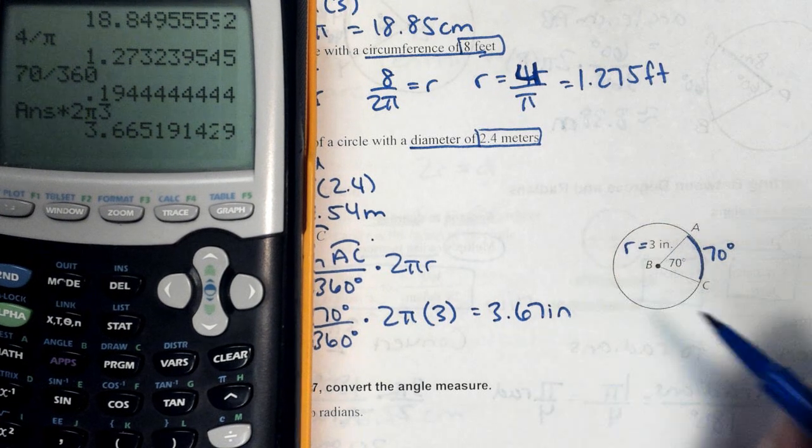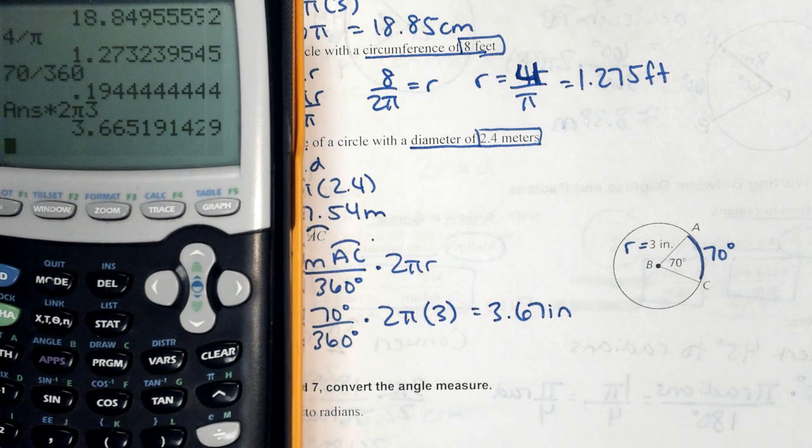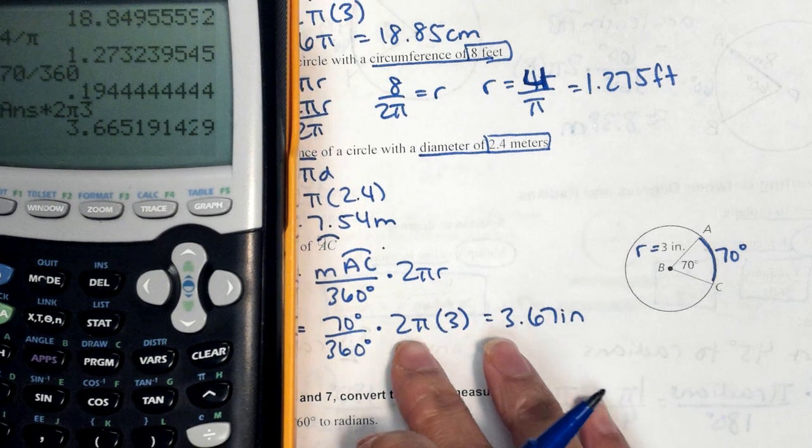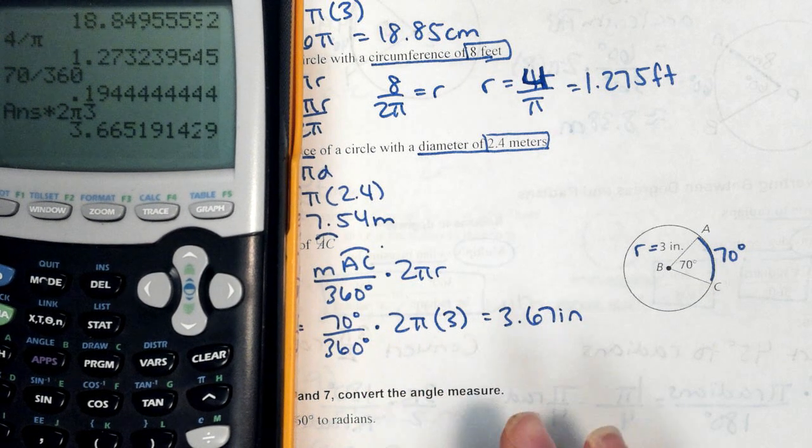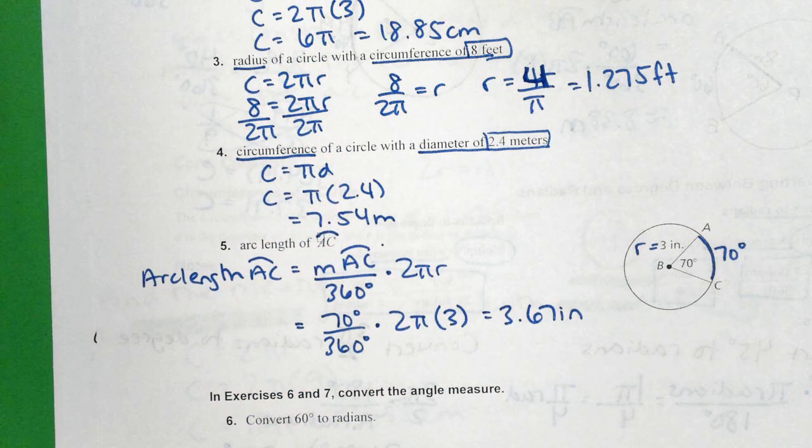And this is in inches. And you can always do this separately. You can take 6 pi times this and multiply across, then divide by 360 at the end. Either way, you should end up with the same answer.